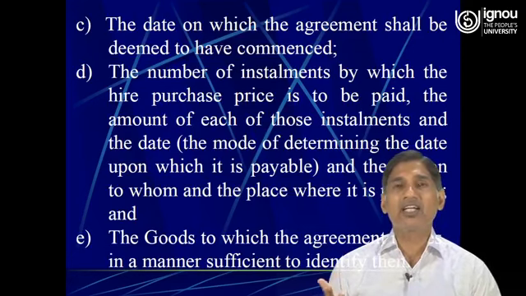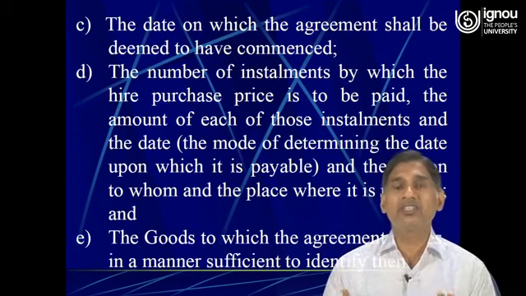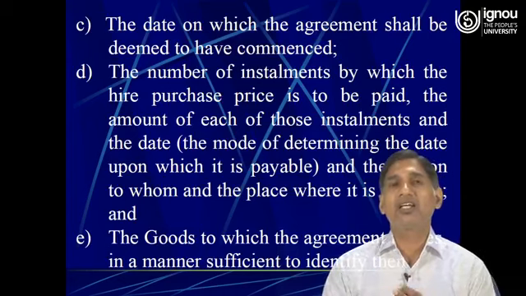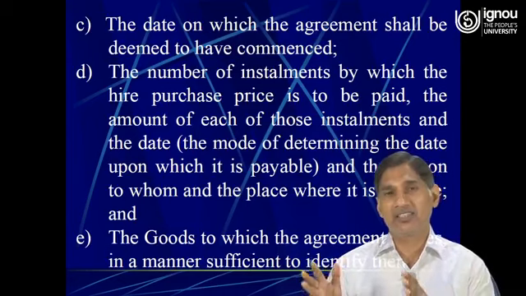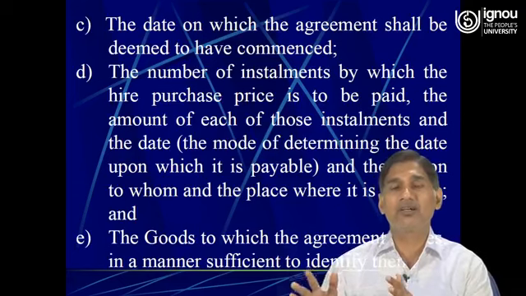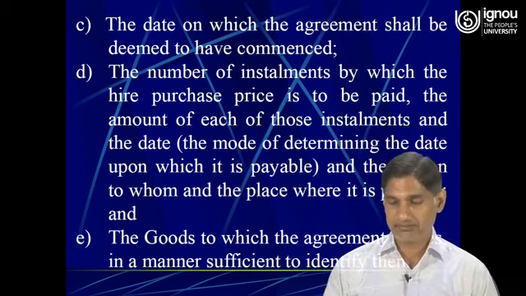So, the article about which this agreement is going to take place must be clearly identified, that yes, this is the product for which the agreement is taking place between the hire purchaser and hire vendor.